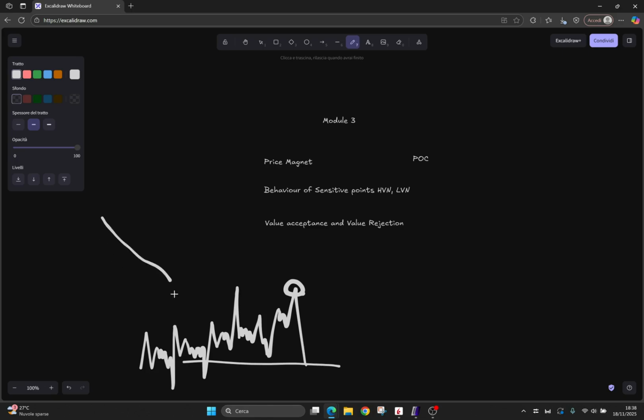Because from the statistical distribution, okay, now I made it too high, but let's consider it's here. This is the level where the most amount of time got spent by price and the most amount of volume gets traded here. So this is where market participants think the price is fair. Okay? So this one was the auction of the POC.